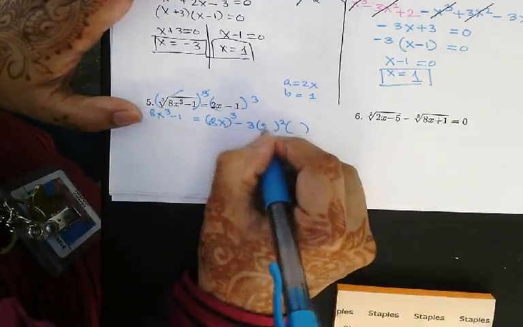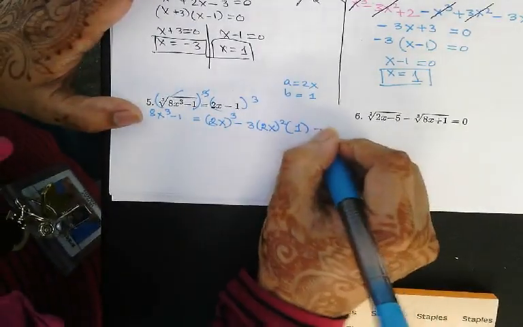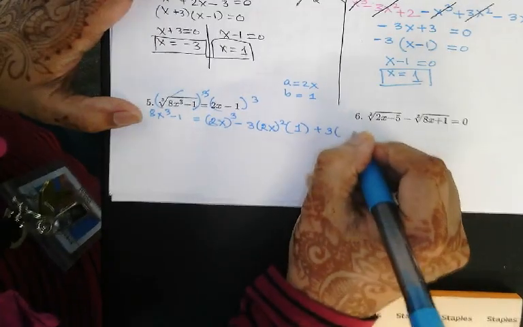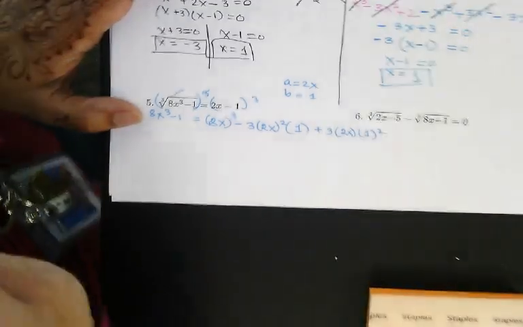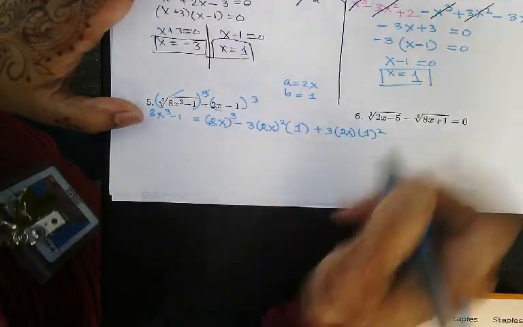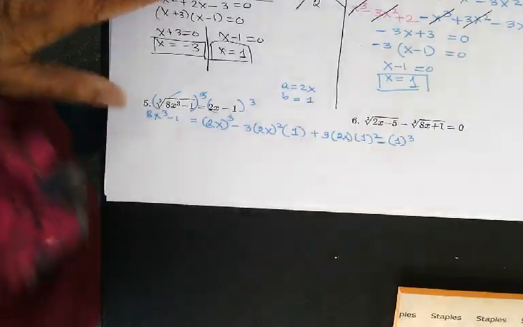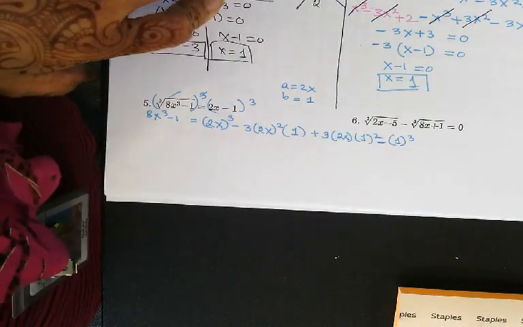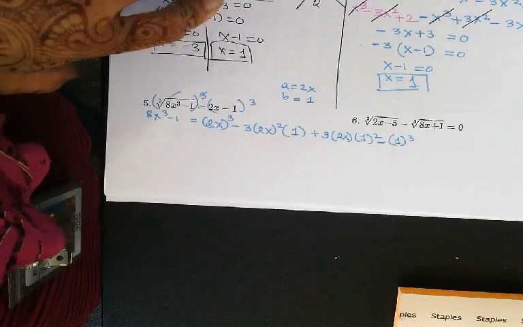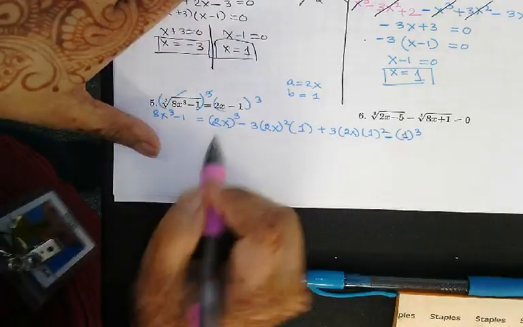So a squared is again 2x and b is 1. Then plus 3ab squared, correct? Minus b cube. I think all of you did it correct up to this point when I was checking. Is everybody matching with mine? Great.